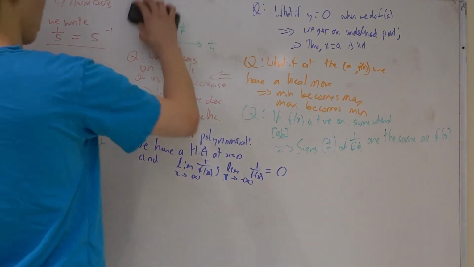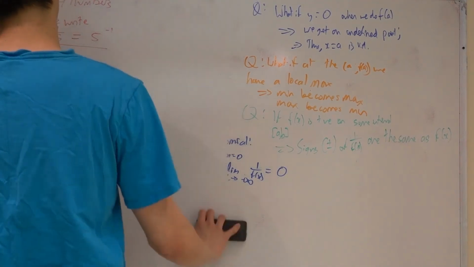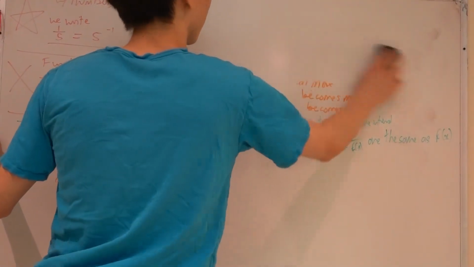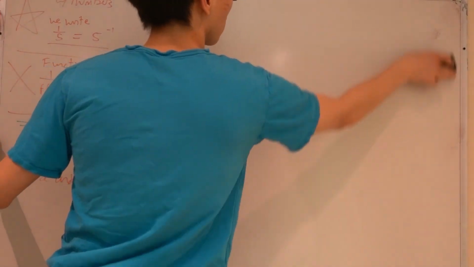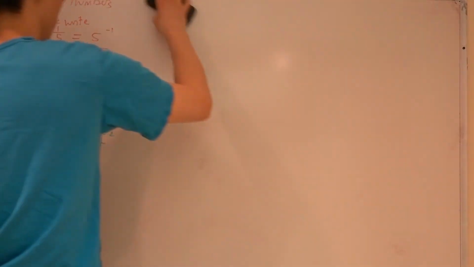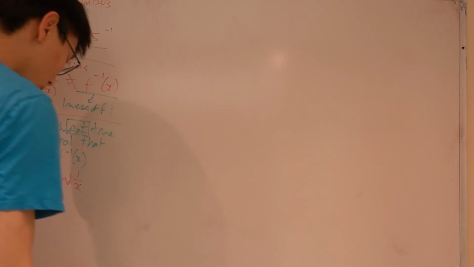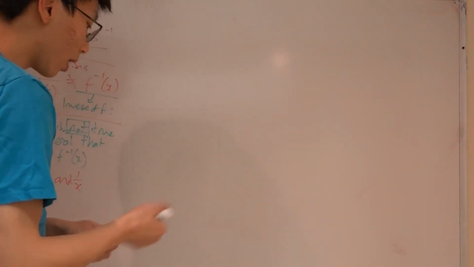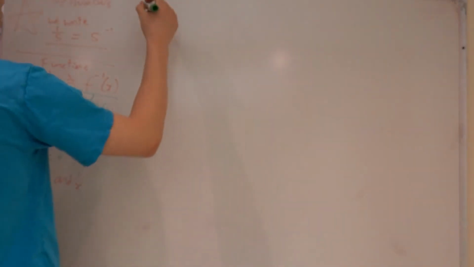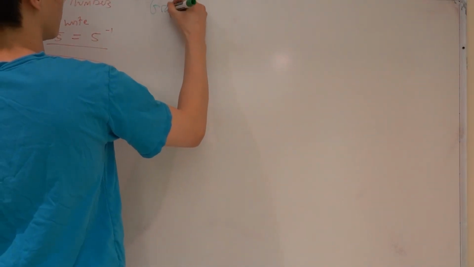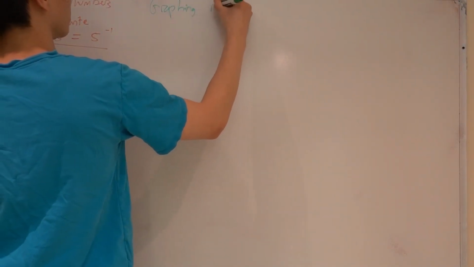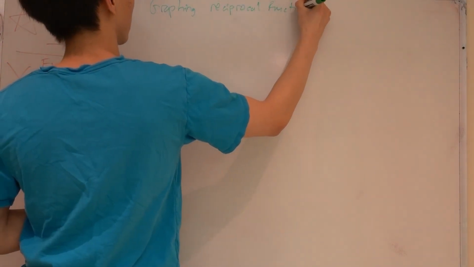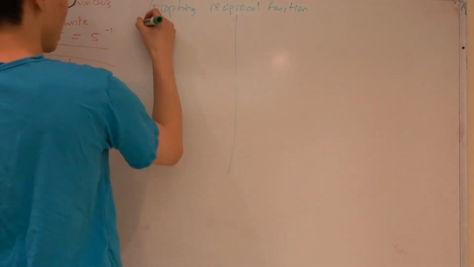Okay? And that is usually a very tricky process. Okay. All right. So when we're doing this, here's how we are going to do the reciprocal function. So graphing reciprocal function. And we need to divide this into 2 steps. Okay, here's the procedure.